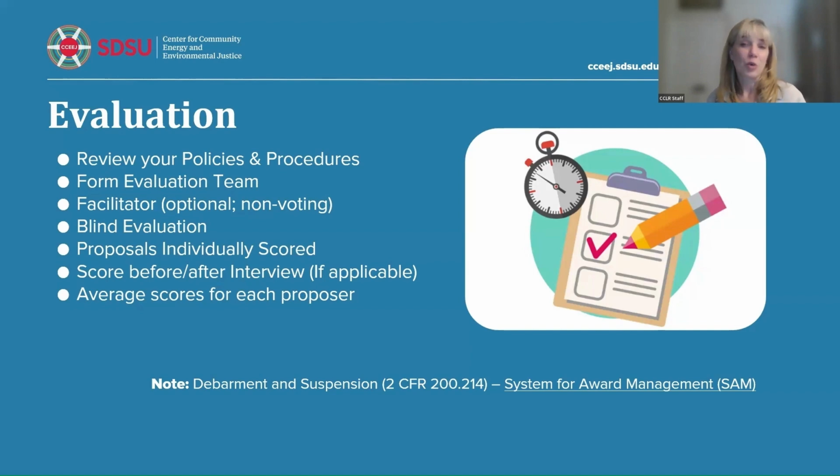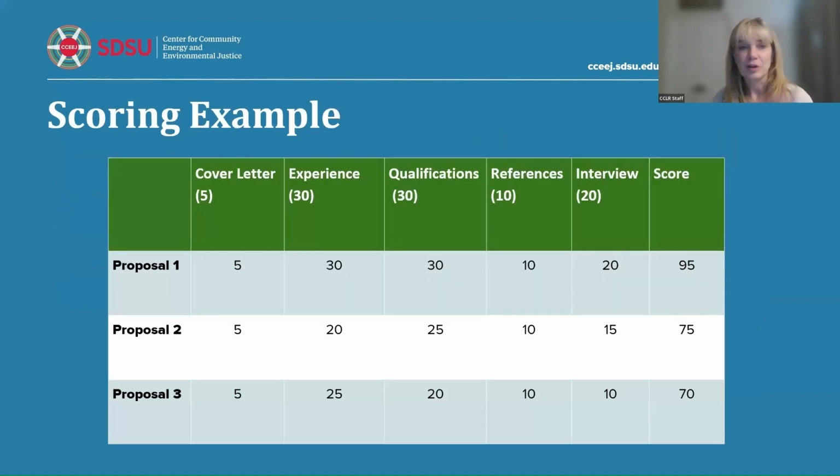So this is just a scoring example. Your proposals on the left and the various criteria up top. And clearly you have a winner, proposal number 1, right, with a score of 95.